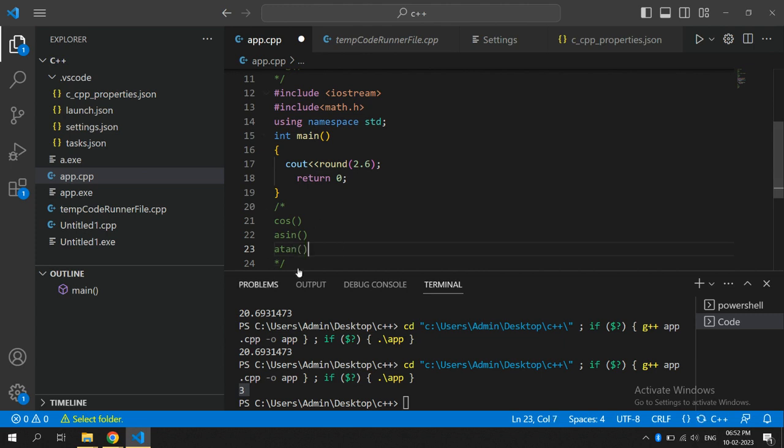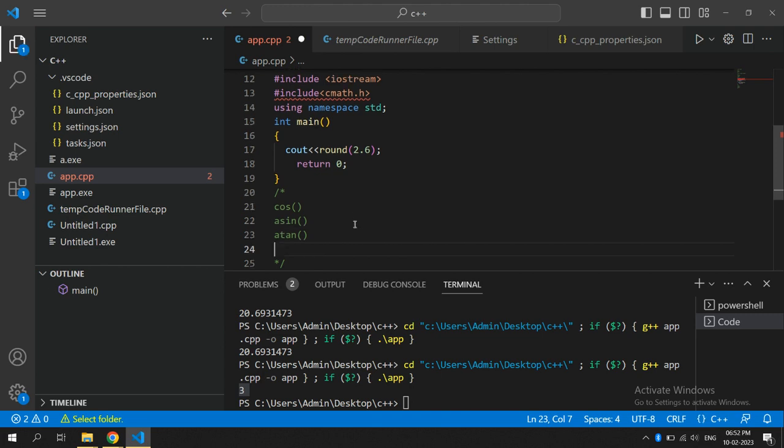In order to make these functions work, you need to use the cmath header file. This is the file where all of your math functions are pre-built. Here you can write atan, which is a function used, and cosh. All kinds of trigonometry functions can be used here.